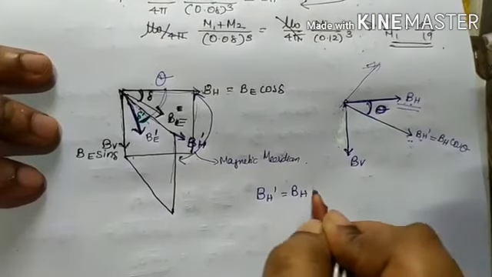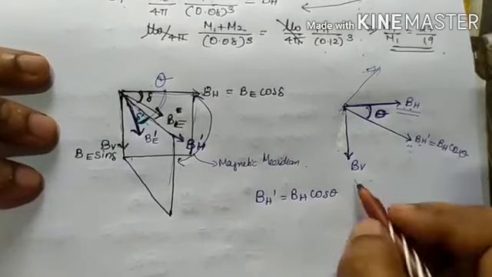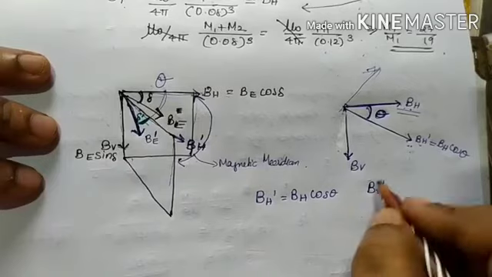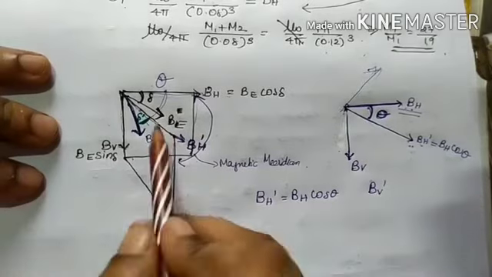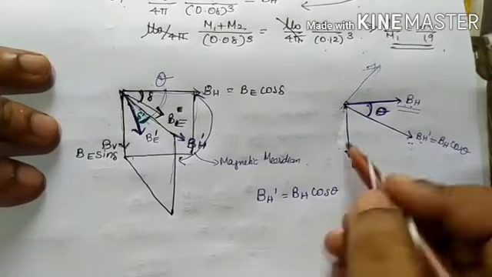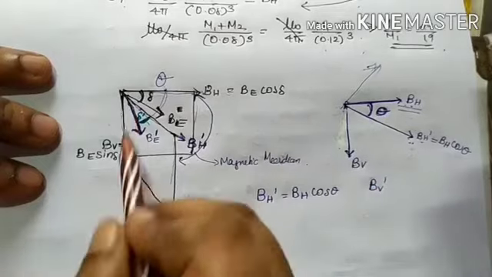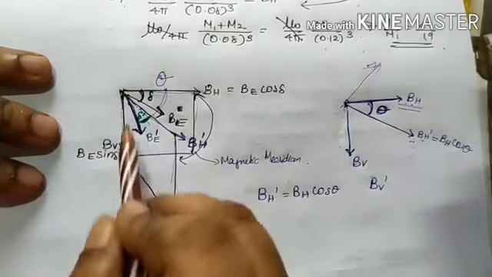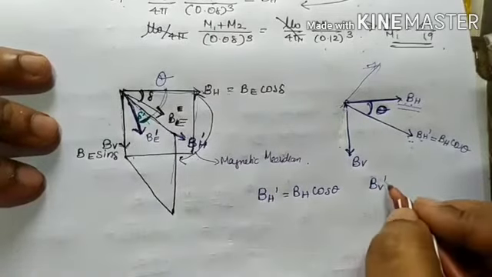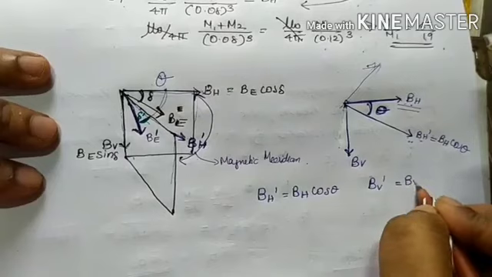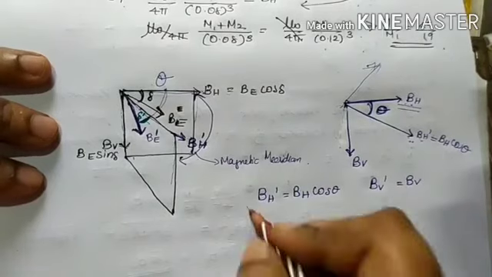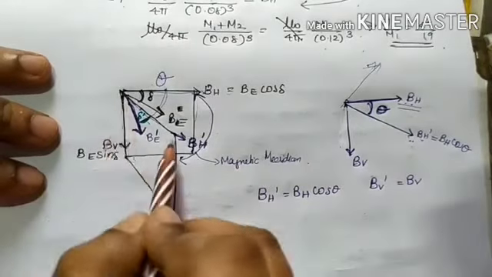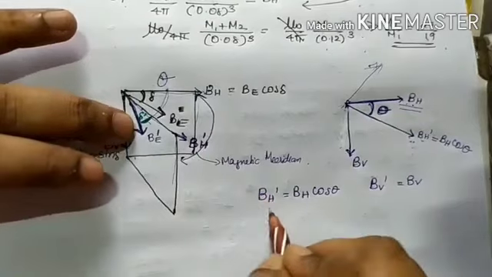Now BH dash is equal to BH cos theta. BV dash is due to this plane, and BV dash is equal to BV, since both of them have the same direction and the same vertical component. Now, what is our delta dash, the apparent angle?